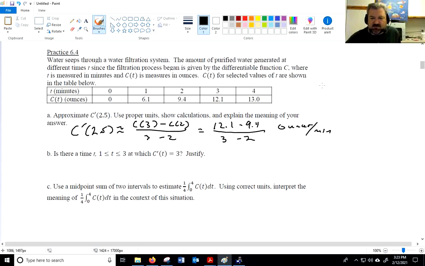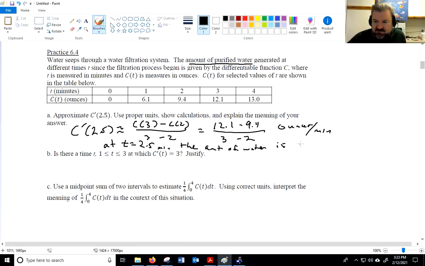What is this? Well, we're going to say that at t equals 2.5 minutes, the amount of water, so I start with what c is, the amount of water.